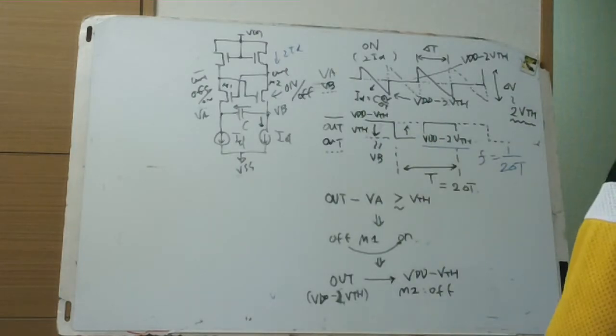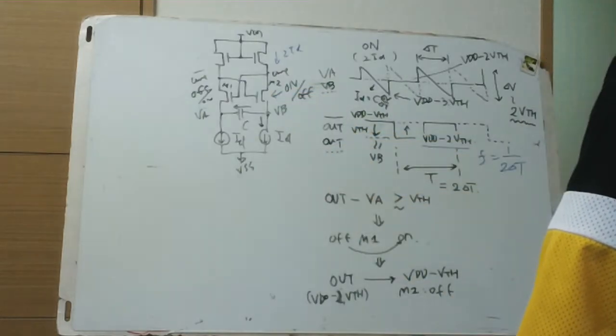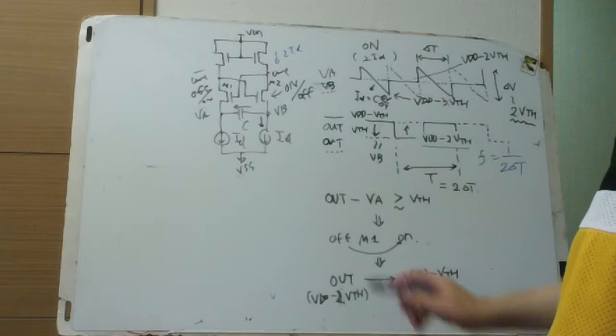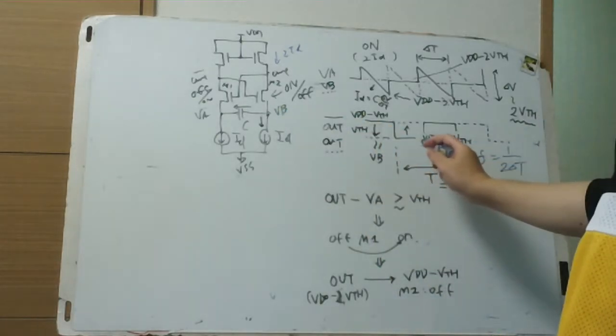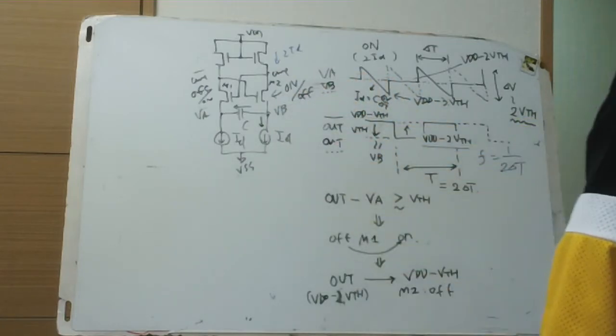Enough on and enough on. VB equals less than this. VB equals on this. This is on.